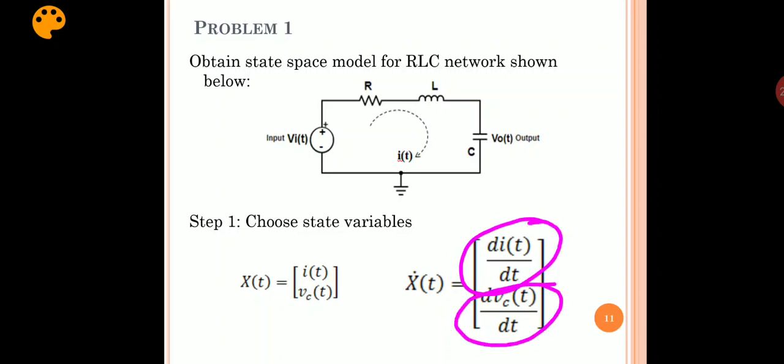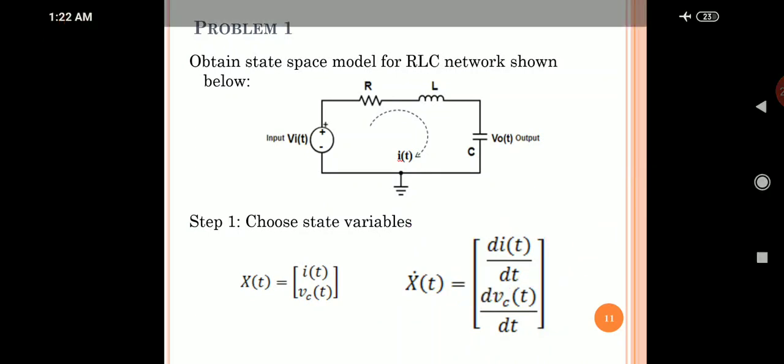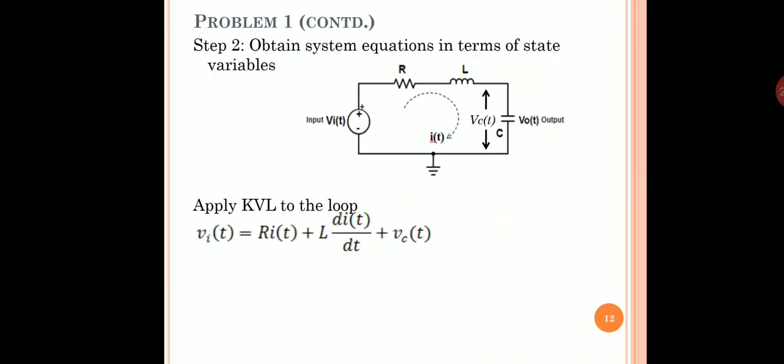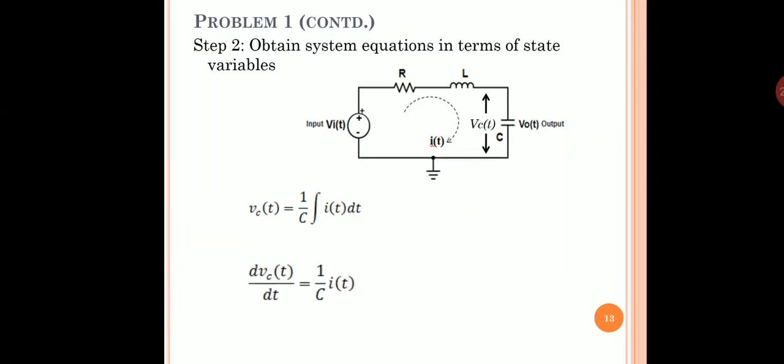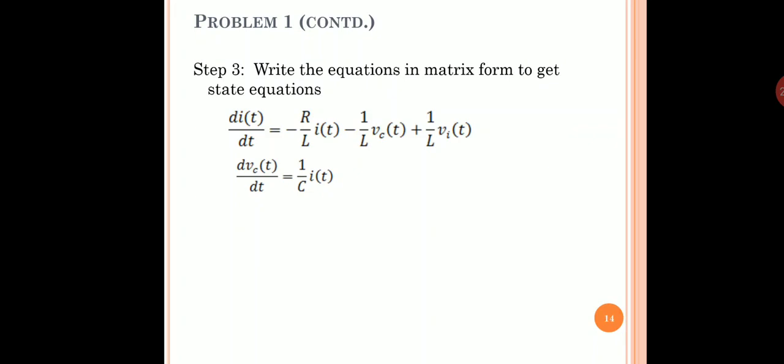By applying KVL, we got di(t)/dt. And from the voltage across the capacitor, we got an expression for dvc/dt. So I'm rewriting both the equations again.